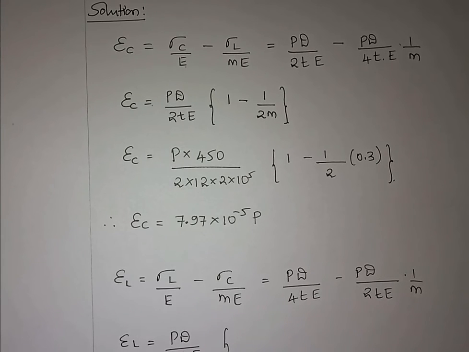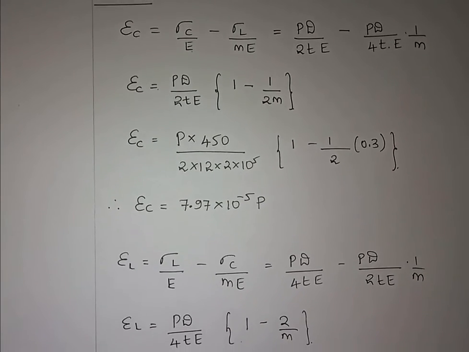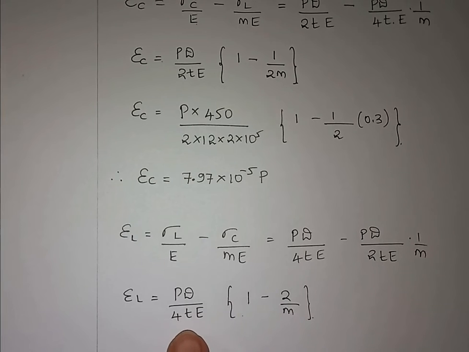If I take this as a common term, it will be 1, and in this case it will be minus 2 by m. So if I am taking PD divided by 4TE as common, I'll be remaining with 1 minus 2 by m into the bracket.